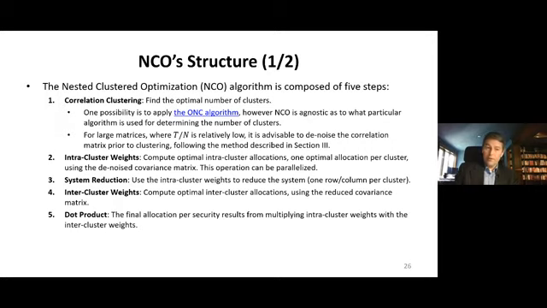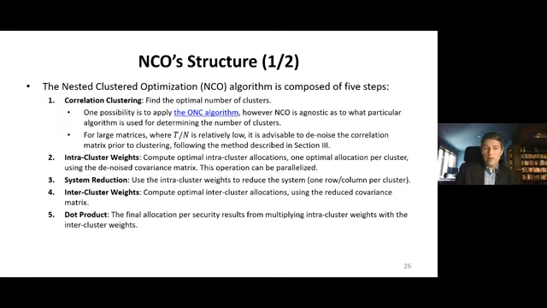So in the fourth step, we compute the intercluster allocation. We compute how much should be allocated to each of the k clusters. Remember, in step 2, we computed the allocation intracluster. In step 4, we computed the allocation intercluster.